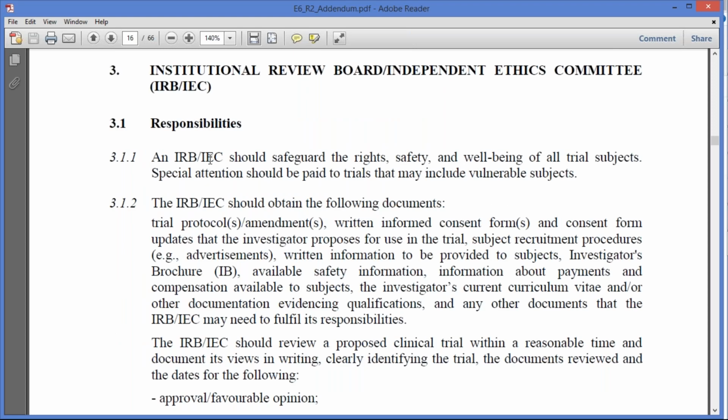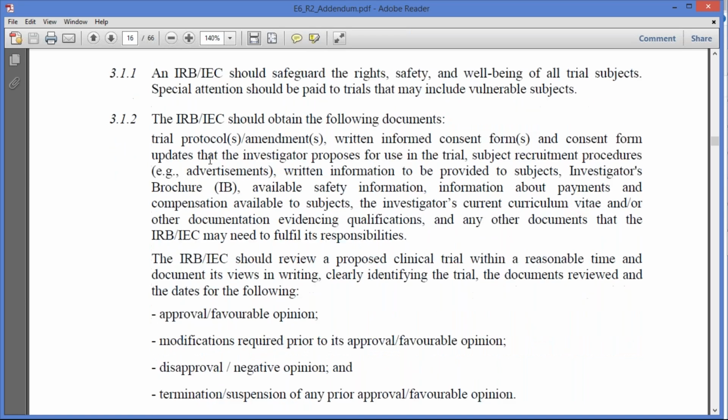IRB should safeguard the rights, safety, and well-being of the trial subjects. Special attention should be paid to the subjects. IRB should obtain the protocol, informed consent forms, recruitment procedures like advertisements, and written information to be provided to the subjects.